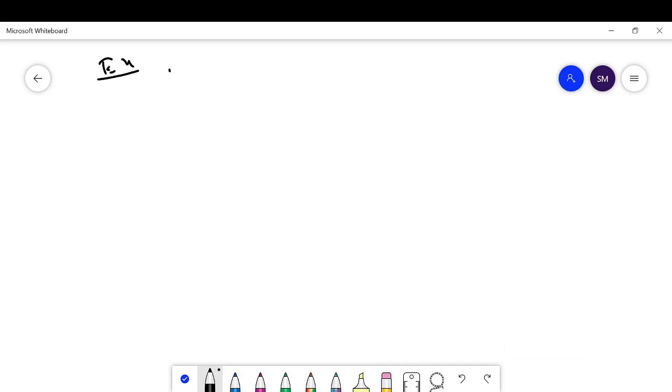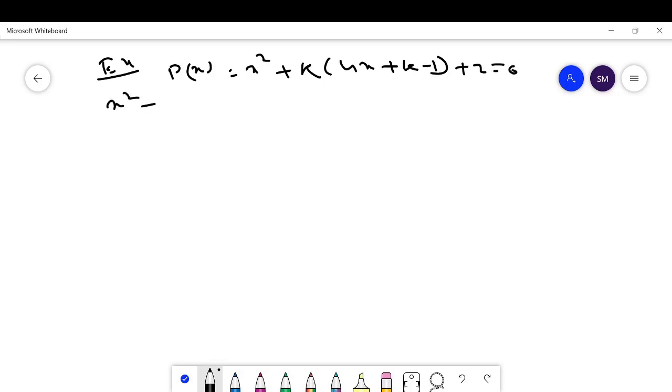Here the question says p(x) is equal to x square plus k into (4x) plus (k square minus k plus 2) is equal to 0. Then open the bracket, because you have to find out the values of a, b and c. What is a?